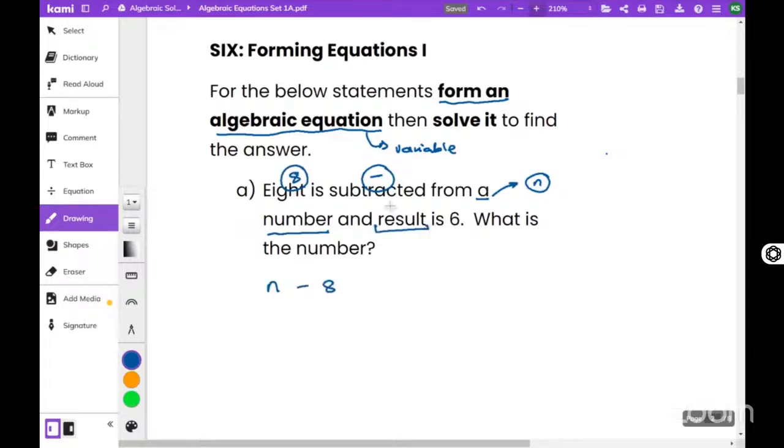When you see the word result, it's an equal sign, or is an equal sign, and then 6. And then you plus 8 on both sides to get rid of the 8 on the left-hand side, bring down the n. 6 plus 8 is 14. And so you had to form an algebraic equation, first mark, and then solve it, second mark.